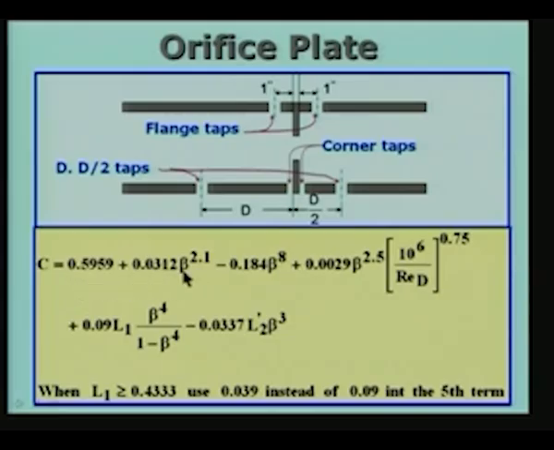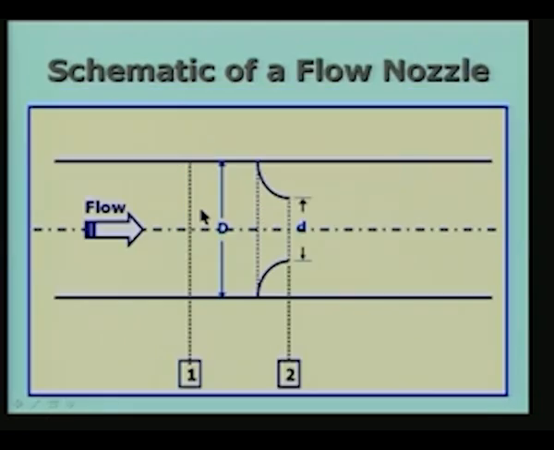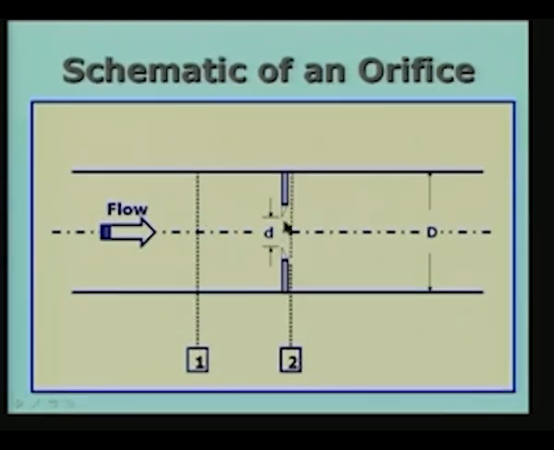One, it depends on what is called beta. Beta is the ratio of the diameter of the orifice to the diameter of the pipe, lowercase d divided by capital D, that is your beta. In fact, you can see here d and D, this d divided by capital D is called the beta.